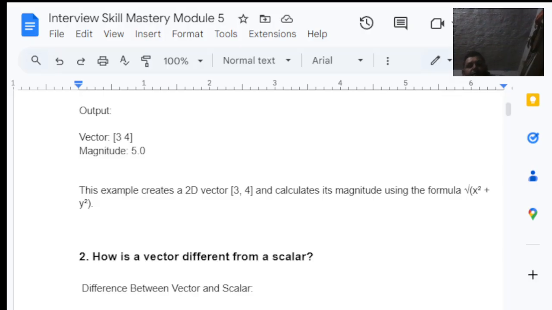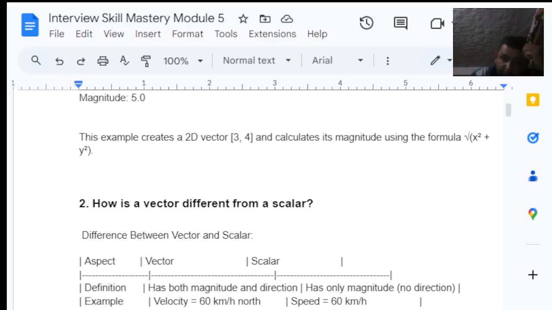If we count the velocity, it will be the speed plus the direction. So this is the north direction. And mathematically, vector is represented as array list of components, e.g. 3 comma 4, and scalar is represented as a single number, e.g. 5.